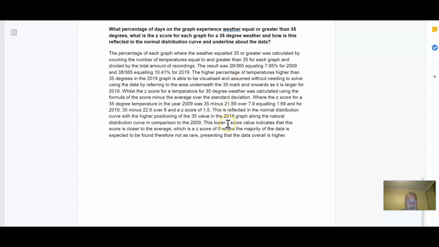They've done it using the numbers on the thing. Yeah, they've done it using the percentages based on the days, which is cool. But they haven't done it using the Z score as well.